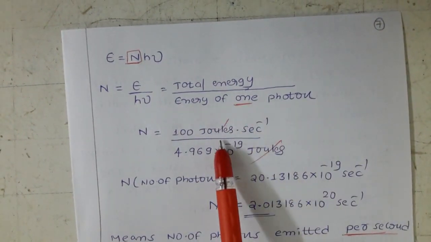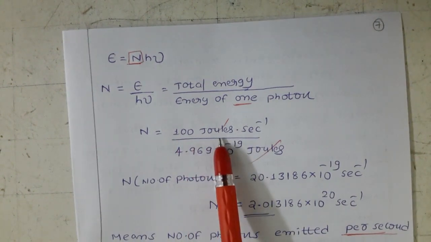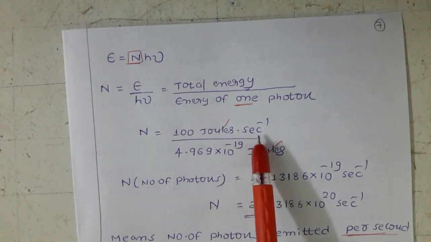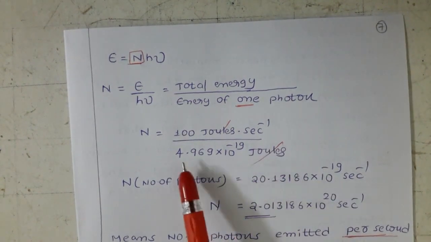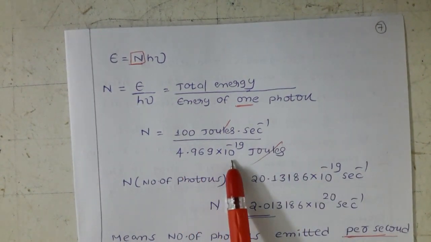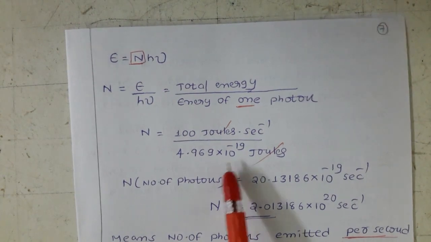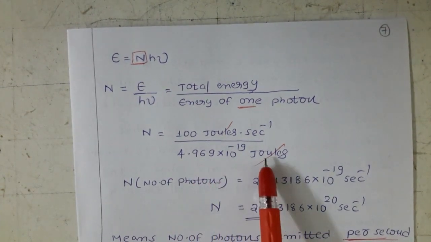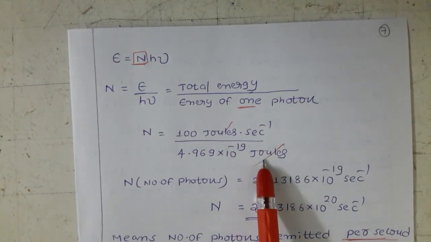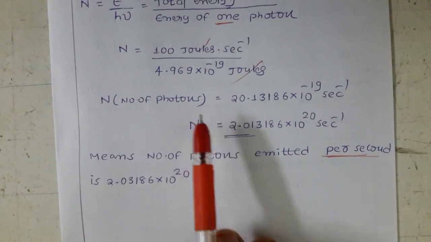In the data already given 100 watts, we convert watts into joule per second. Why? Because unit cancellation should be there. So already we got the energy of one photon, 4.967 into 10 to the power of minus 19 joules. So this joule will get cancelled, and you are getting the number of photons. How much?